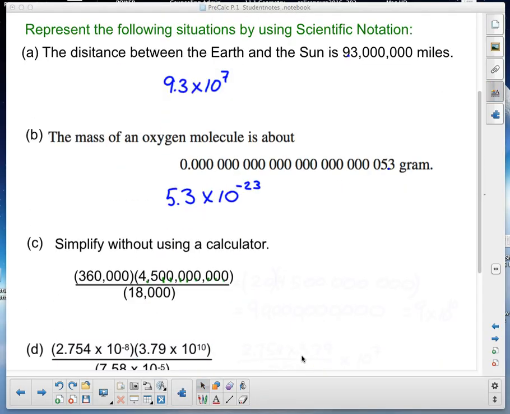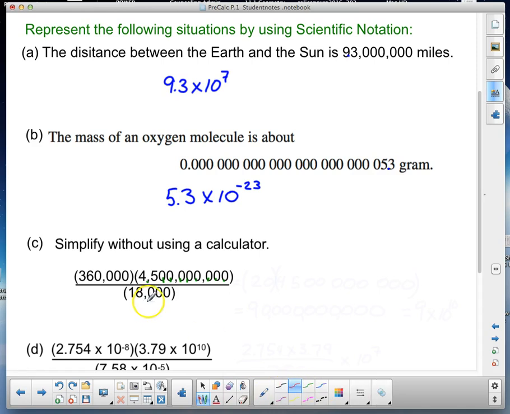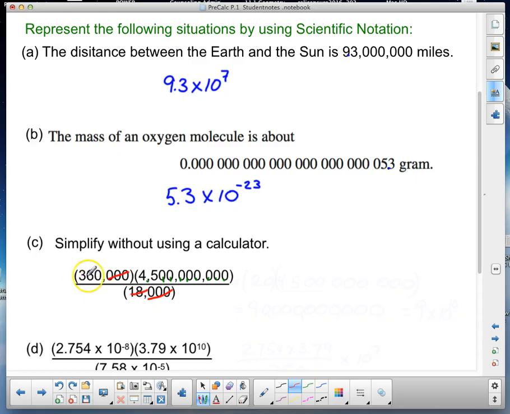Now in dividing with scientific notation, be smart and use your powers. Here I can look at this and go, well, I can take these three, and I've taken out 1,000. 18 goes into 360 20 times. All right, so now I've got 20 times 4,500,000,000.